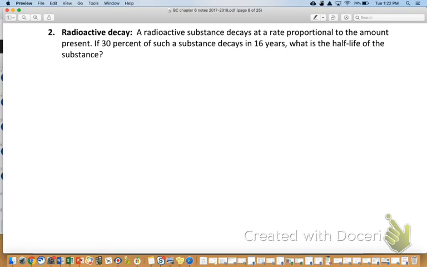This is the basis for how archaeologists decide how old something is, right? Sometimes how much carbon is in the object will help them get a good idea of how old it is, knowing what the half-life of carbon is and all that stuff.